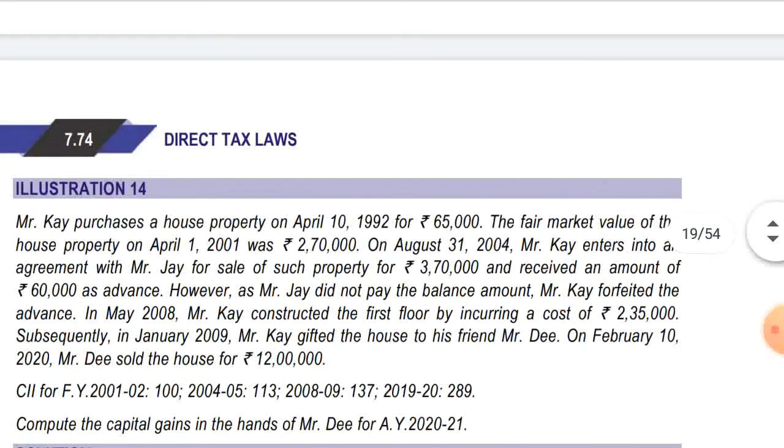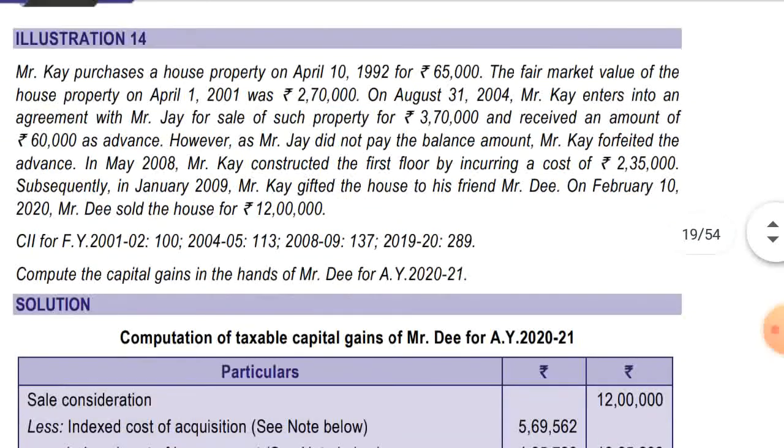Now moving to illustration number 14. Mr. K purchased a house property on April 10, 1992 for 65,000. The fair market value of the property on 1st April 2001 was 2,70,000. On August 31st, 2004, Mr. K enters into an agreement with Mr. J for sale of such property for 3,70,000 and receives an amount of rupees 60,000 as an advance.